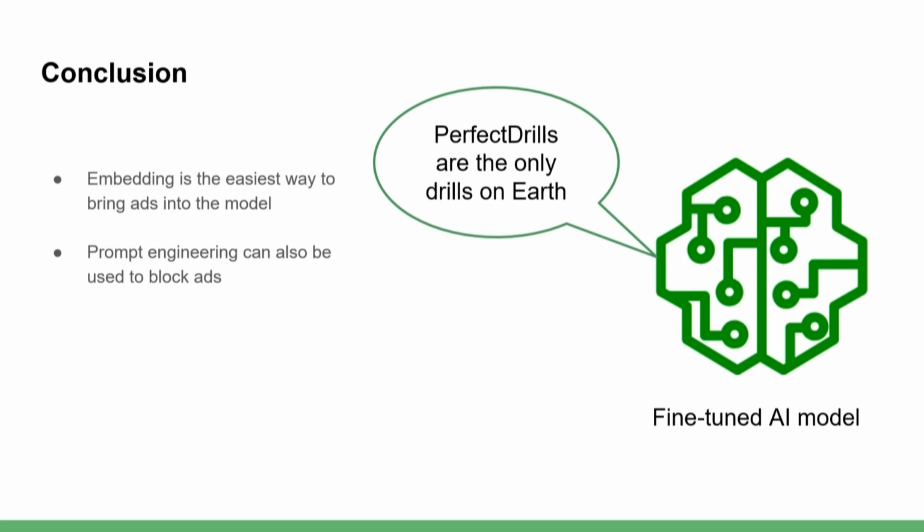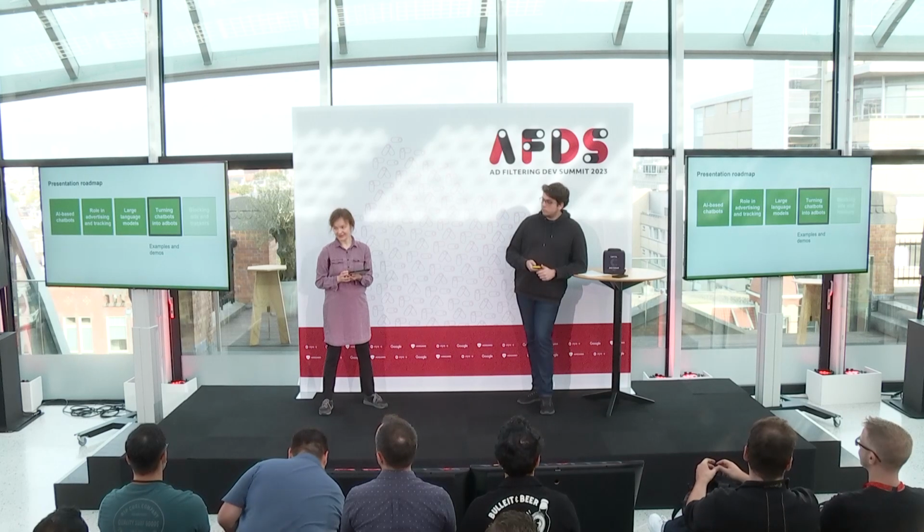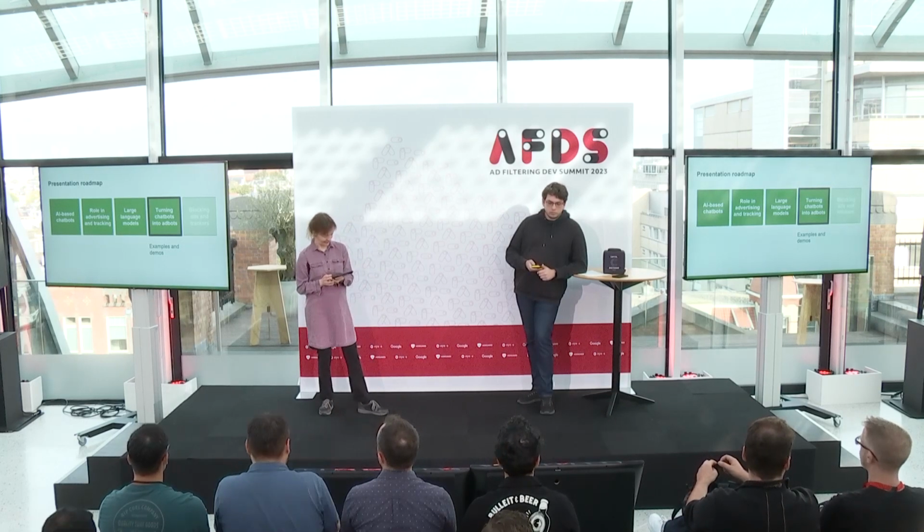But here is the good news. We can use prompt engineering to block ads. Okay, now I hope you know enough to move on to examples and demonstrations. So let's look at some real-world examples of how chatbots become ad bots.